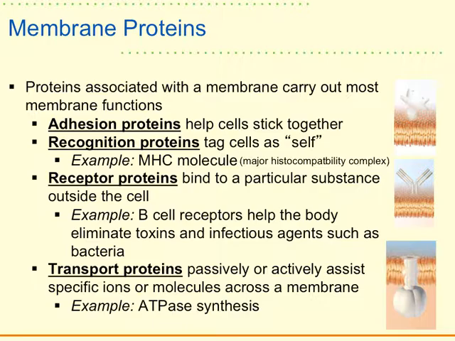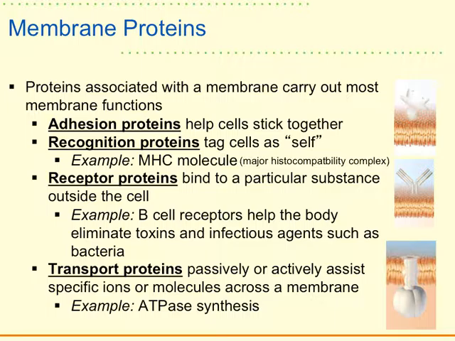Recognition proteins tag the cells as self. This is an example, this MHC molecule, major histocompatibility complex. We'll learn a little bit more later about the immune system and about how the body recognizes its cells as self.